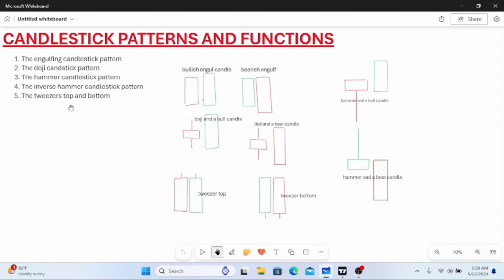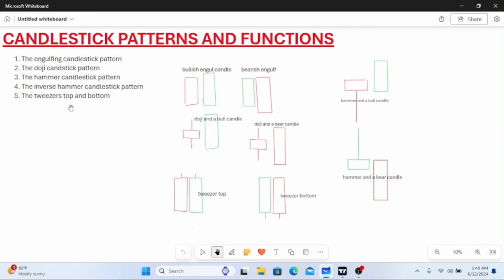From these candlestick patterns, other candlestick patterns are derived: morning star, shooting star, evening star, the haramis. All of them are derived from these candlestick patterns. So let's take all of them one by one, starting from the engulfing candlestick pattern.